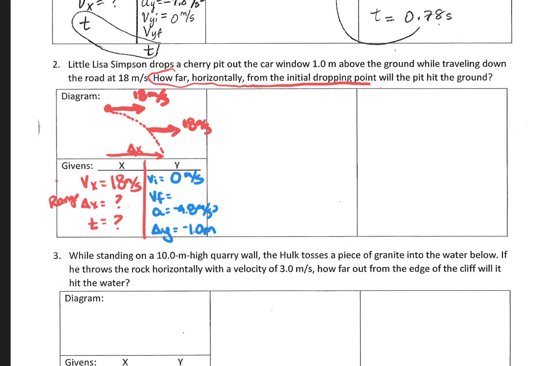And you might say, well, there's no way to continue this. But in fact, if you notice you have 3 given in the vertical side, then you can use your kinematics formula to solve for t. Why t? Well, the reason is because time is in both sides. It's the same time. That is to say, the time to land out here is the same as the time to drop.